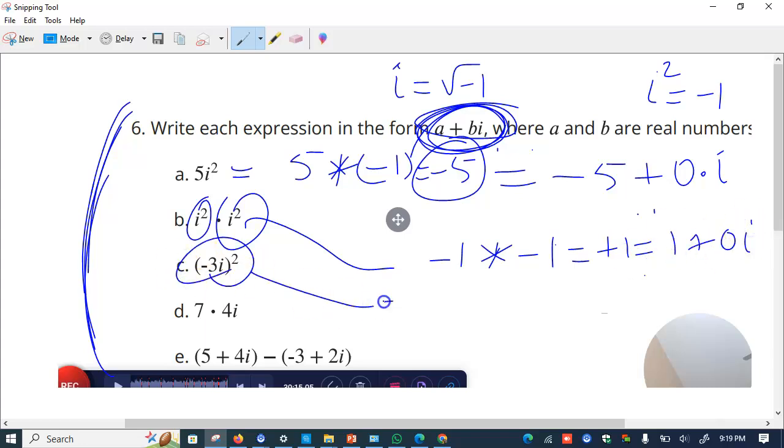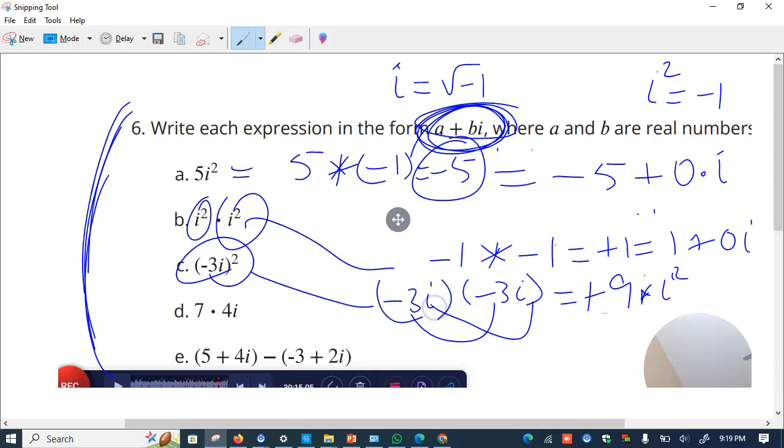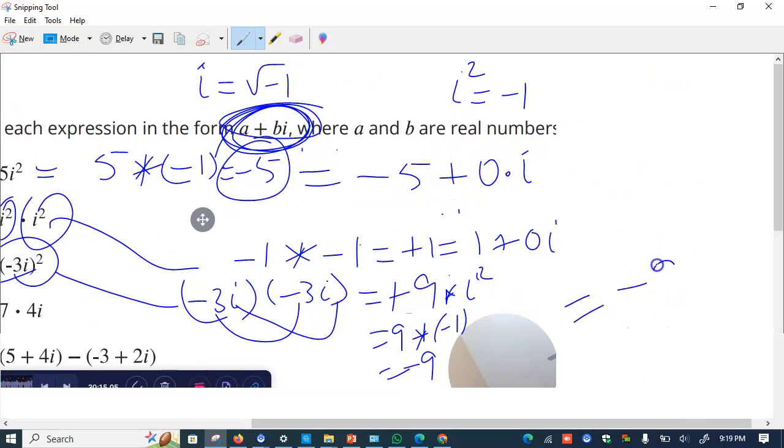This one, -3i, is multiplied by itself twice. And when you do this, -3 times -3 is +9i squared, because there are two i's. But I square we know is -1, and so you get -9. And this -9, you can write as -9 plus 0i.